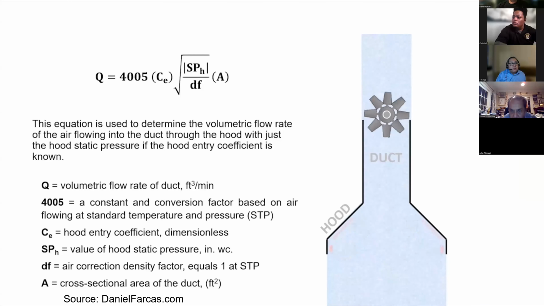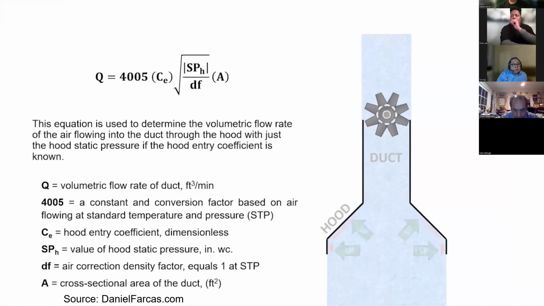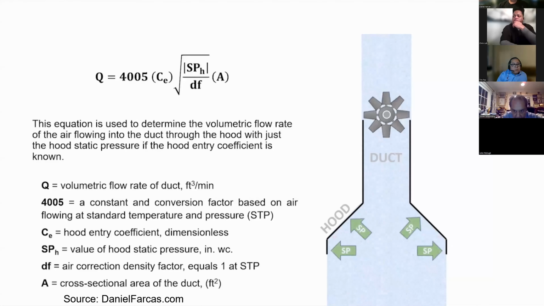In this formula we have Q, which is the volumetric flow rate of duct and is measured in cubic feet per minute. 4005 is a constant and conversion factor based on the air flowing at standard temperature and pressure. The hood entry coefficient is dimensionless. The value of the hood static pressure is measured in inches of water column. The air density correction factor equals 1 at standard temperature and pressure. And A is the cross-sectional area of the duct in square feet.